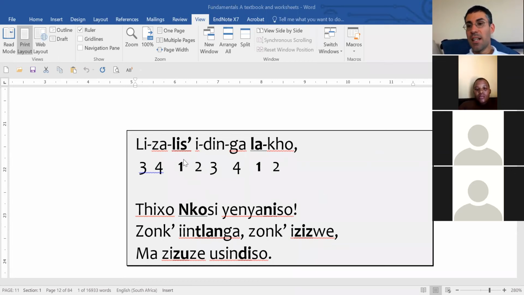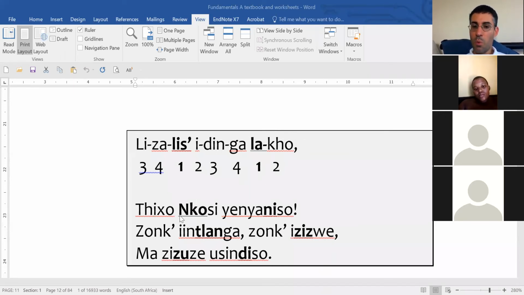If we count the number of syllables between the strong beats and including the first one, this is what we get. Here's the first strong beat, that's 1. Then we've got 2, 3, 4. Then the next strong beat comes. 1, 2, 3, 4.